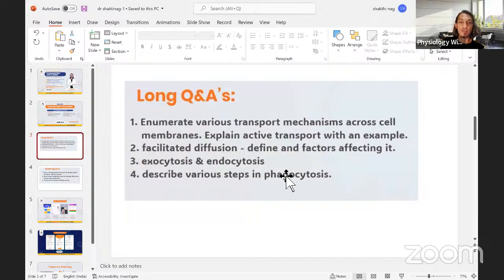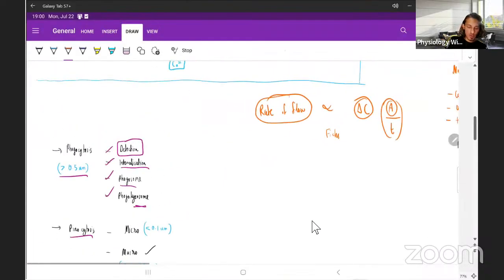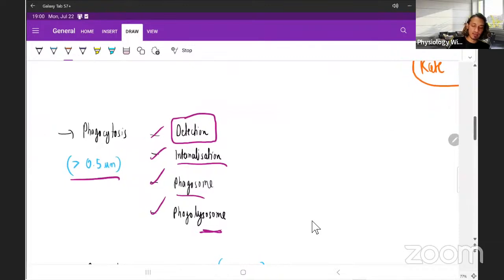Next, we can talk about phagocytosis, exocytosis, endocytosis. Phagocytosis, you can talk about in these steps: detection, internalization, phagosome formation, and phagolysosome formation. For phagocytosis to take place, generally the size of the object should be more than 0.5 micrometer.